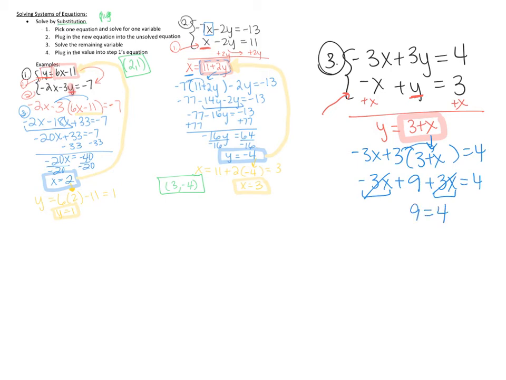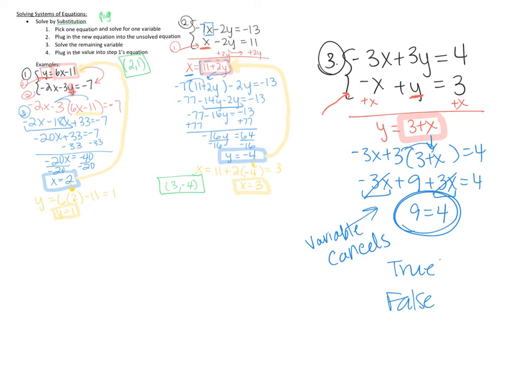So where's the x? I'm supposed to be solving for x, and it went away. At this moment, when the variables go away, so my variable cancels, I'm going to ask myself, do I have a true statement or do I have a false statement? Okay. So is 9 equal to 4? No, that is false. So if I have a false statement, that's going to give us no solution, right?